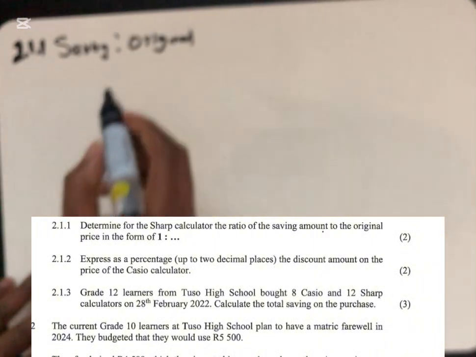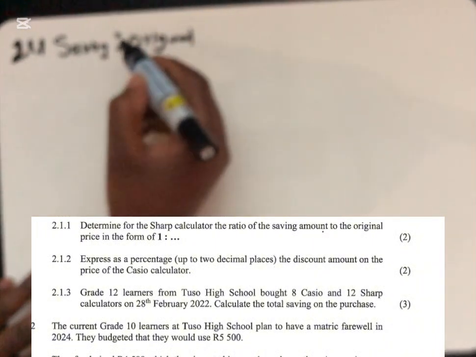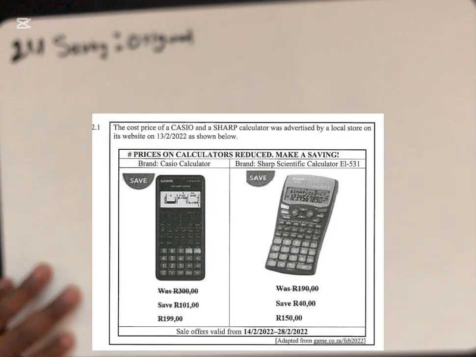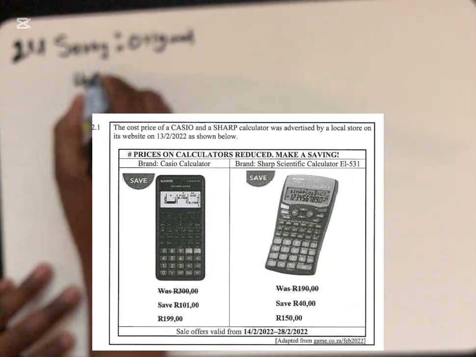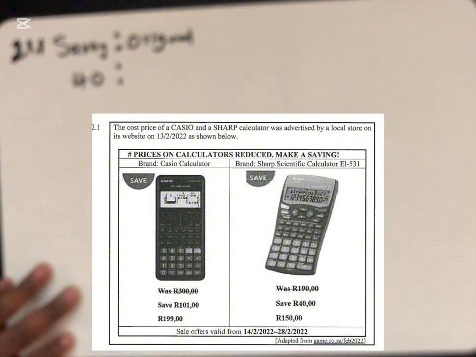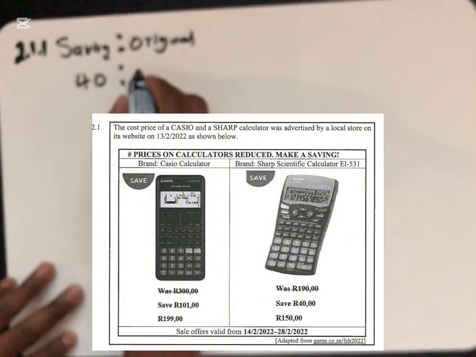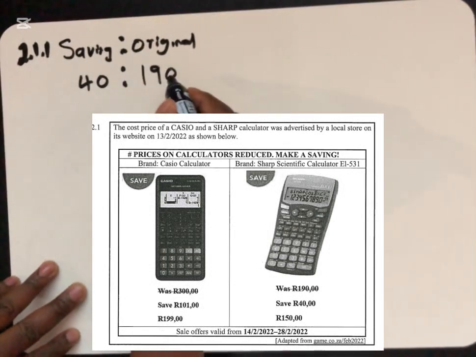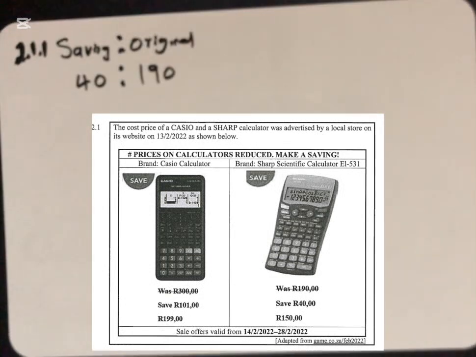That is the ratio pattern that we should follow. So if we look at the Sharp calculator here, the saving amount is 40 and the original amount is 190. So your ratio must be written 40 is to 190.